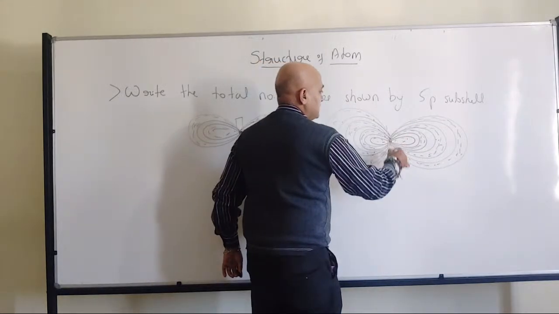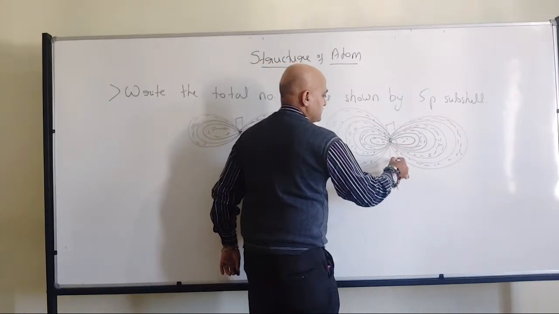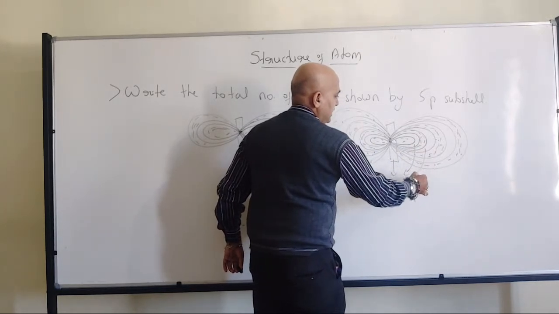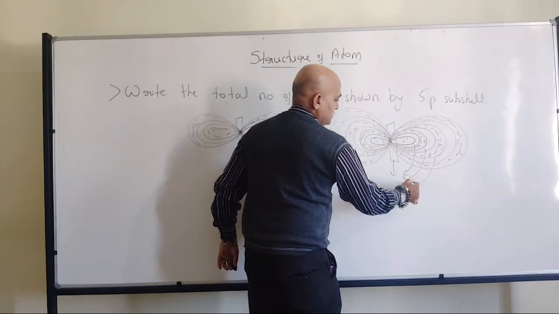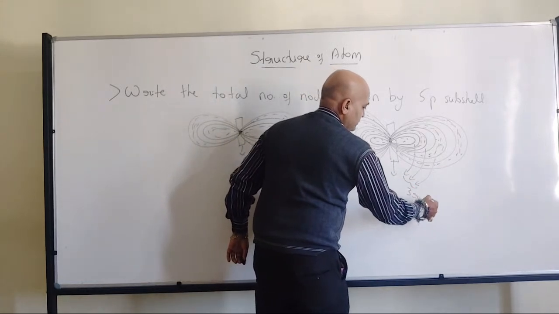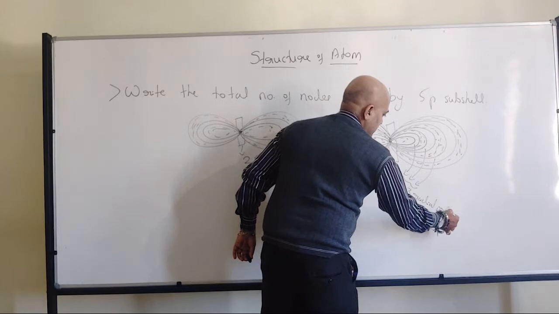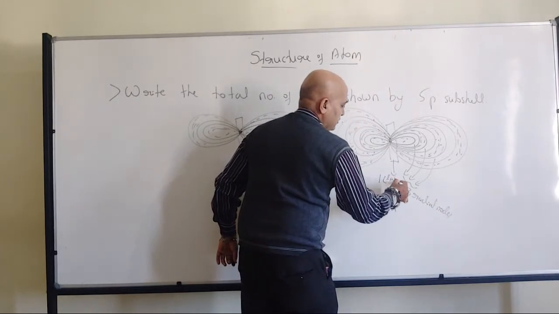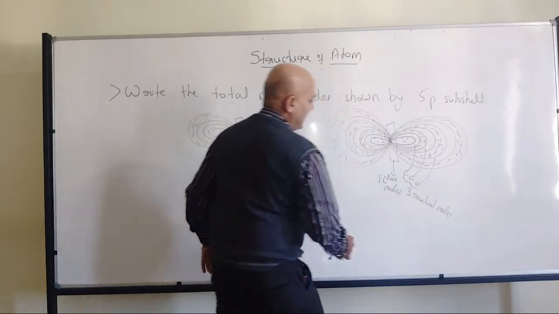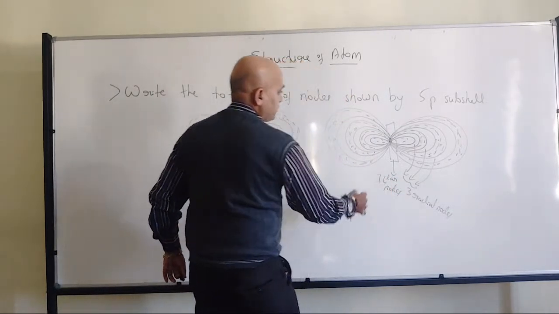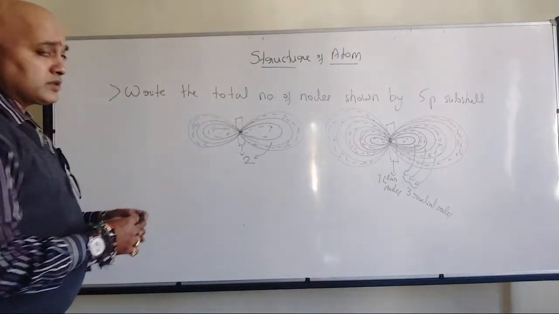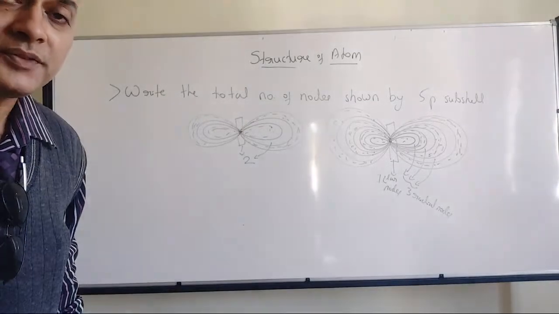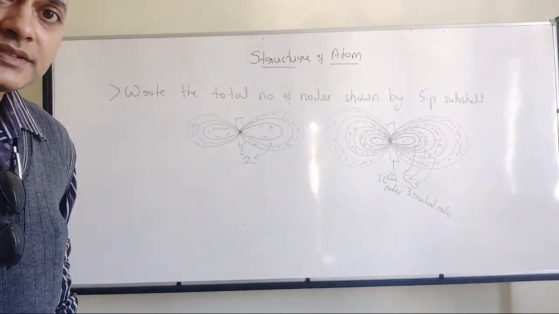Now all together they have only 1 angular node. But there is 1 radial node, 2 radial nodes, 3 radial nodes. So total 3 radial nodes and total 1 angular node. So therefore total it will be 4 nodes which will be formed. Got my point? All of you have understood? Any doubts in this?